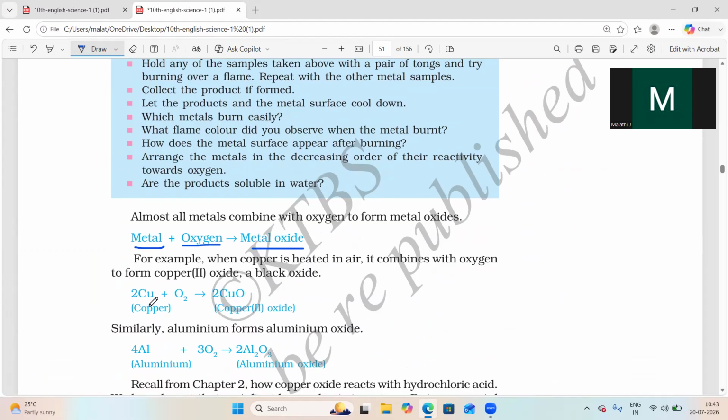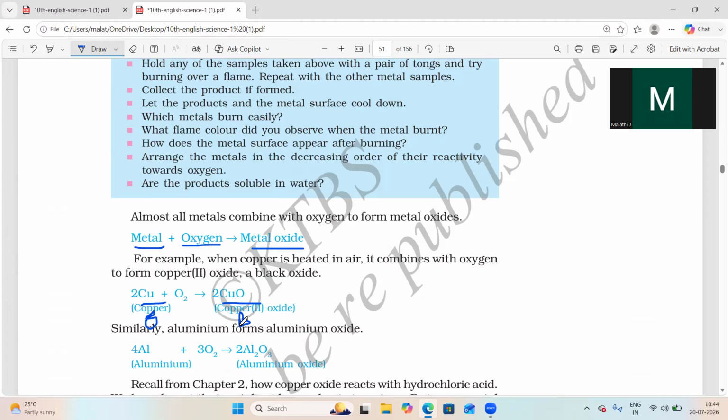One example we studied in chemical reactions and equations: copper when it reacts with oxygen gives copper oxide, which is brown in color. Then it is converted into copper oxide, which is black. So the first chemical property is the reaction of metals with air, that is, metal with oxygen.